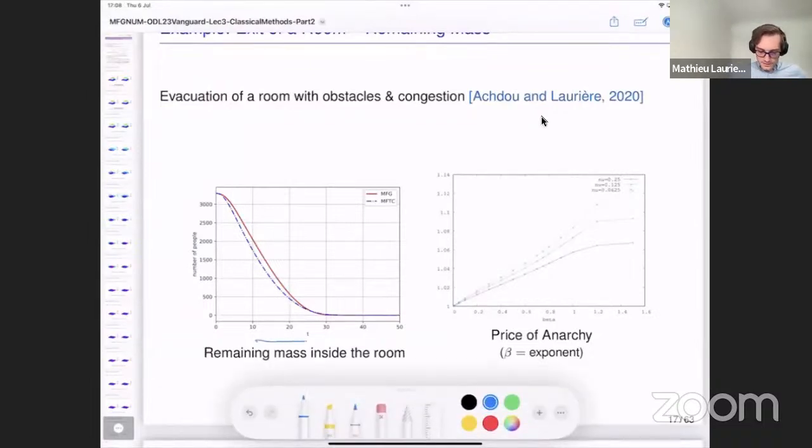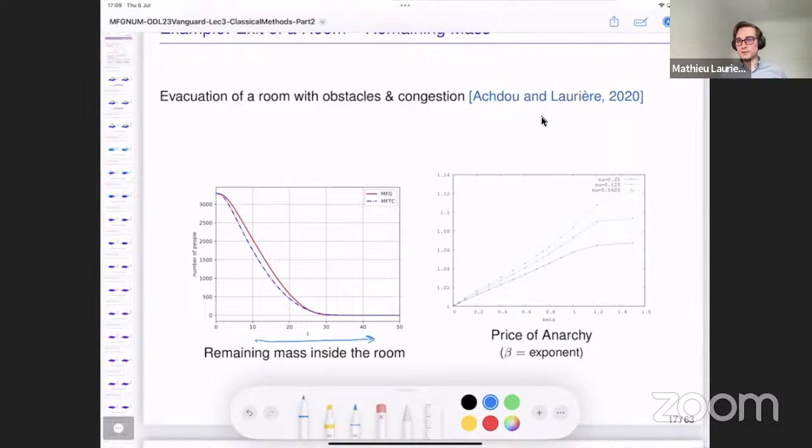So here, this is time, and you see that the remaining mass inside the room at every time t is globally larger in a mean field game than in the mean field control, right? The red curve is above, meaning that, in fact, people exit faster in a mean field control problem when they are behaving in a social way, which is intuitive, but in real life, we are maybe worried that if we behave in a cooperative way, it's going to be bad.